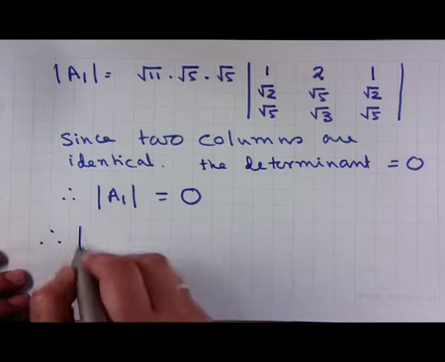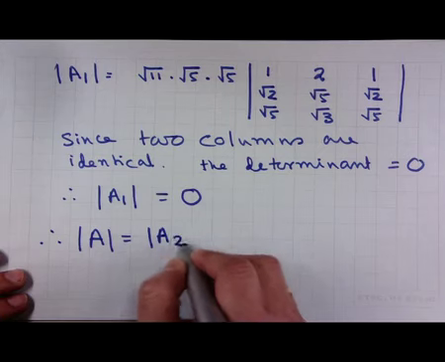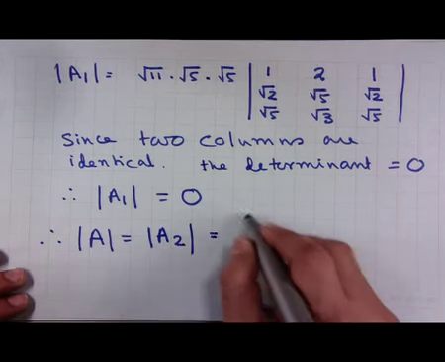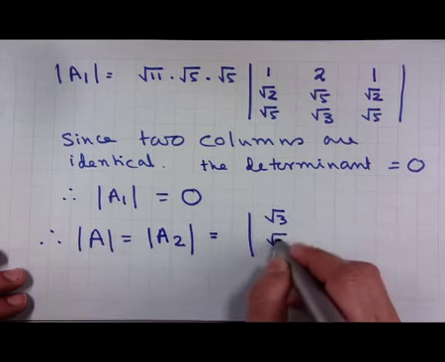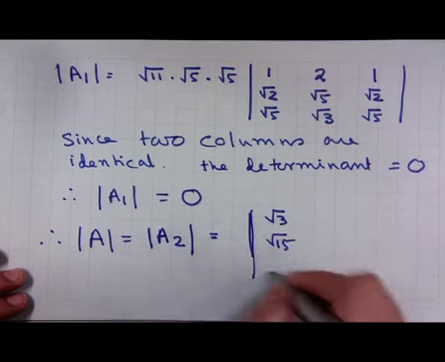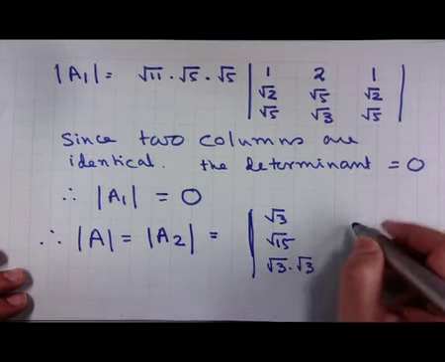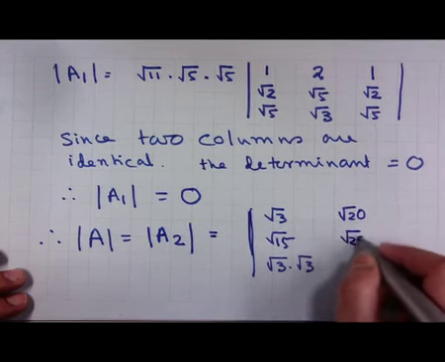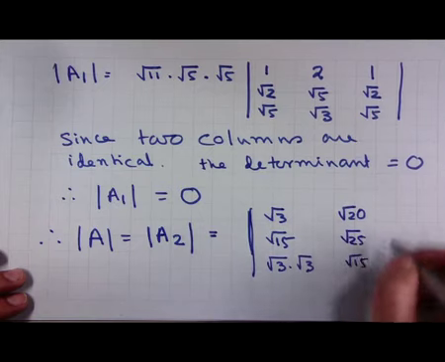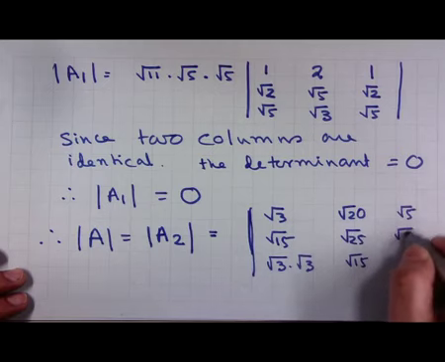Therefore, we can write determinant of A is the same as determinant of A2, which is equal to the determinant of root 3, root 15, root 3 into root 3; root 20, root 25, root 15; and root 5, root 10 and root 25.